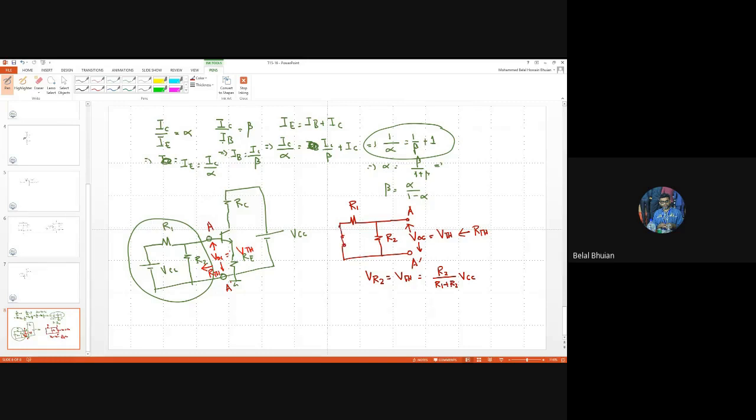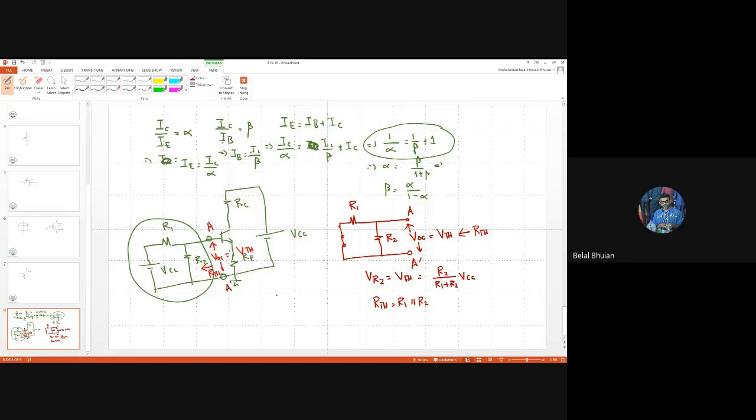Now if you look back, what do you in fact see? You see R1 and R2 connected parallel to each other. So RTH equals R1 parallel R2. Okay? So that is how we can determine it.